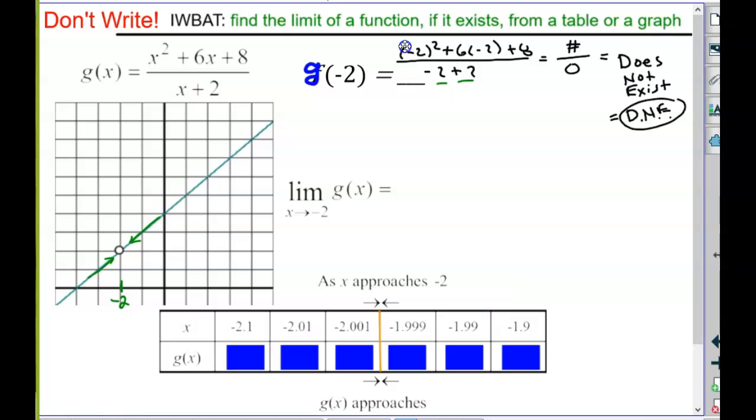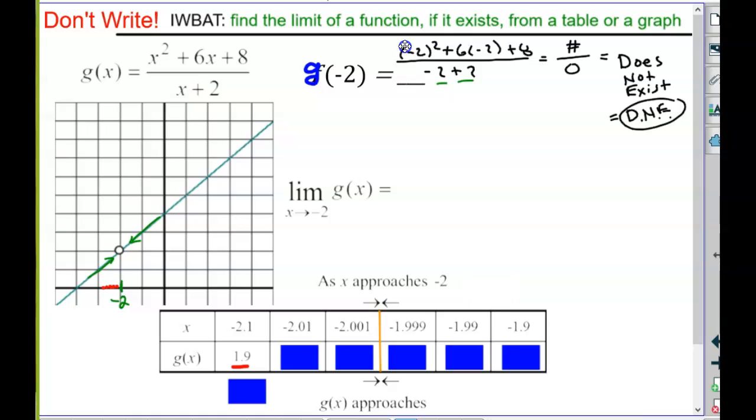Now, this is a lot of work to just plug in these points, right? So we're not going to have you do that. I'm just going to quickly show you. Delta Math has a really friendly feature. I'll show you in a second how to do the table itself. But if I plug in -2.1, so this is approaching values from the left of -2, the numbers that are more negative, so I'm coming in from the left-hand side here, I get 1.9.